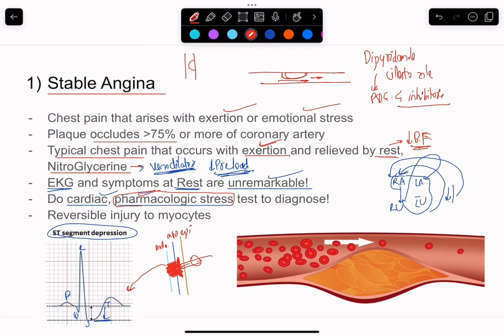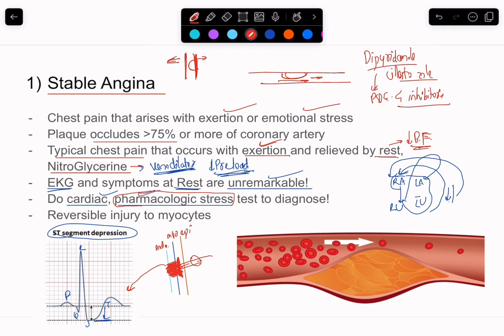So what these drugs do is that they cause the arteries to vasodilate. There is a phenomenon called coronary steal syndrome that can be seen in this case. So as the arteries already have an atherosclerotic plaque in them, they are maximally dilated, so they cannot undergo further dilation when you give them dipyridamole and cilostazol.